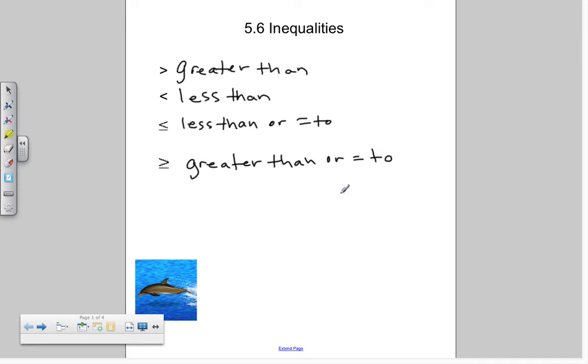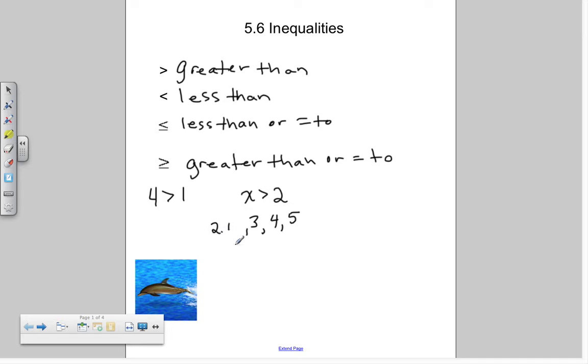So you've only used these in senses like 4 is greater than 1. Okay, true statement, yes. But now we're going to start using it more in an algebraic sense. So x is greater than 2. Well, what can x be if it's greater than 2? Well, it could be 3 or 4 or 5. Could it be 2.1? Yes.